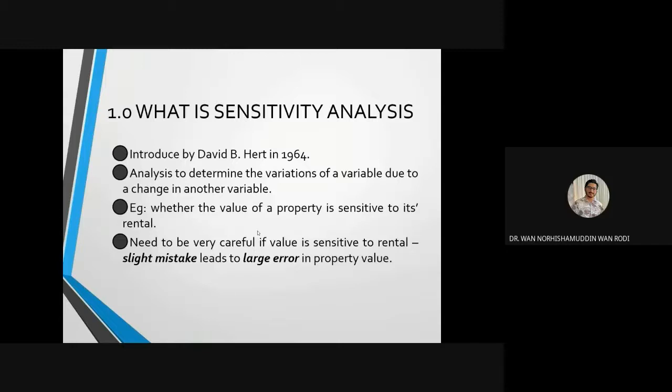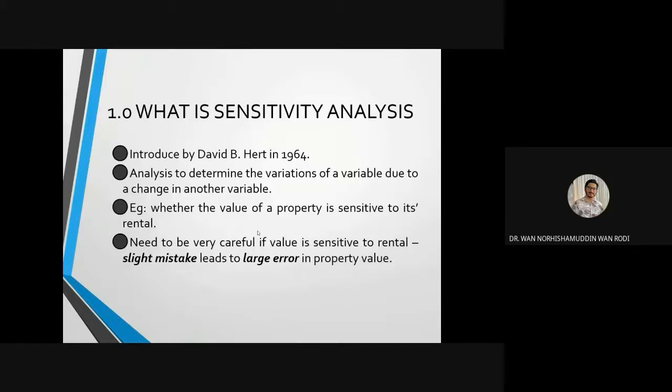Therefore, we need to be very careful if the value is sensitive to rental, because let's say if we purposely or inadvertently put error figures, instead of a rental of 100 ringgit per square feet, we put a rental of 50 ringgit per square feet per month.